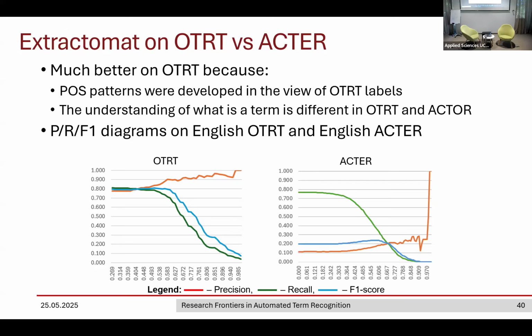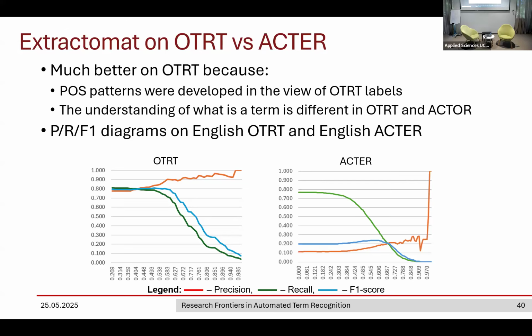And these are two reasons which we have identified. The part of speech patterns, the linguistic patterns we mentioned for the linguistic methods, the set of rules, were developed in view of OTRT labels. So we didn't check or change these lexicosyntactic pattern rules for selecting candidates after we experimented with OTRT.